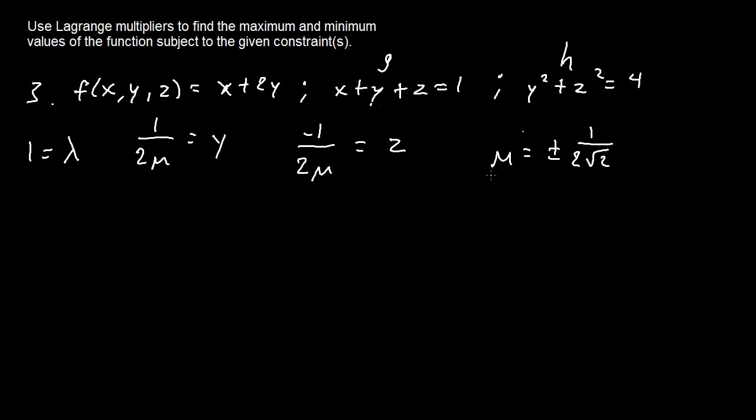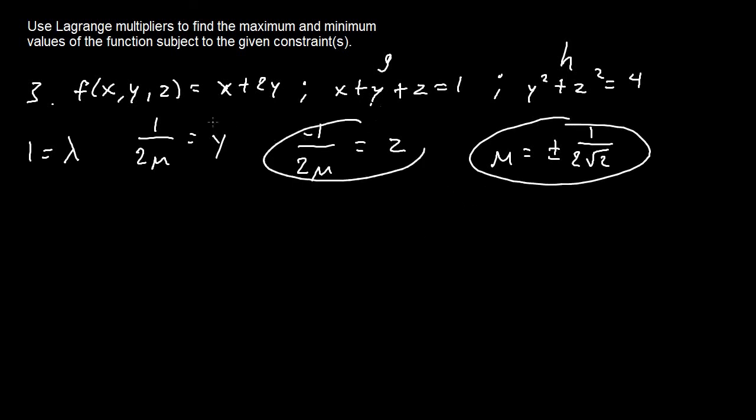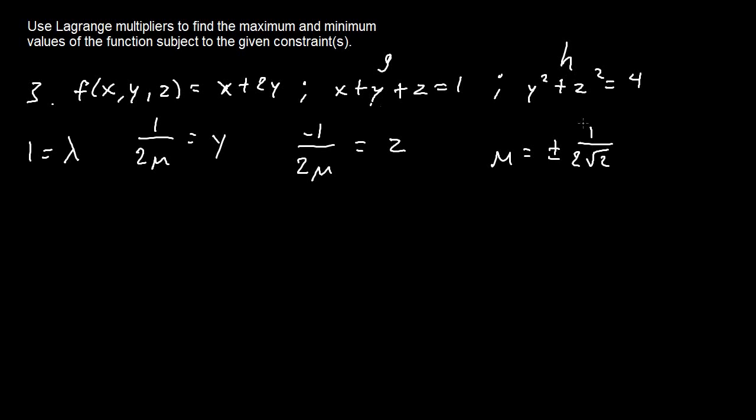So now, using the information that we got for mu, we can substitute in both for y and z to find what y and z equal. So let's first substitute in mu when it's positive 1 over 2 times the square root of 2. Let's substitute in for y first.